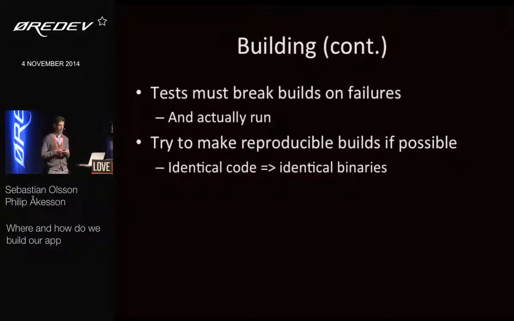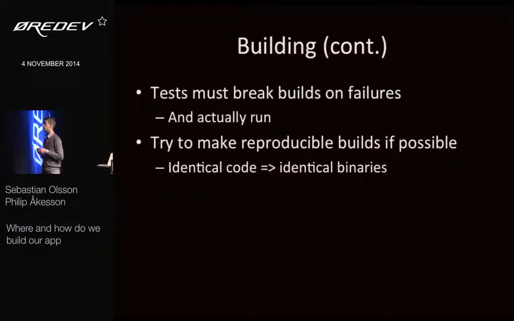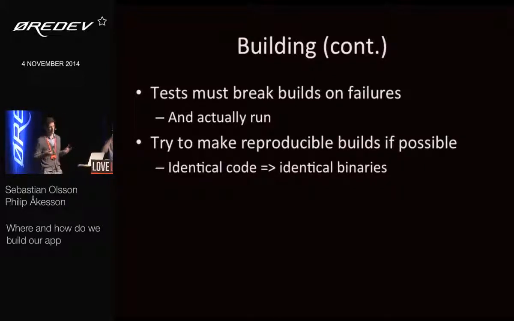Another thing that can be nice, if possible, is to try to make your builds reproducible on your build server at least. Meaning, if you build the same source code several times, you'll get identical output. This really helps to verify exactly which version of the code you're running. And if you find bugs later on, you can step back to a previous version and get the same build again, and maybe add some debug features. So it's really nice, if possible.